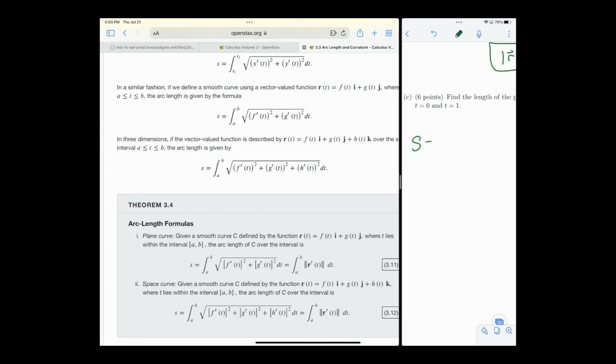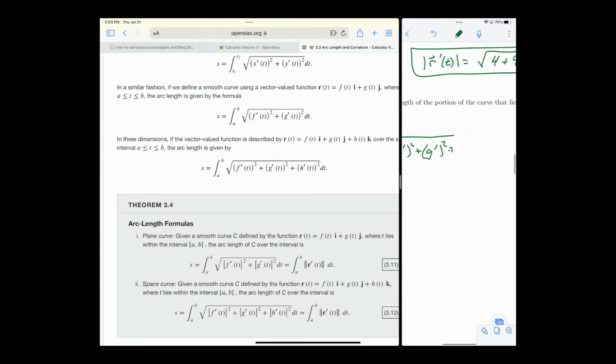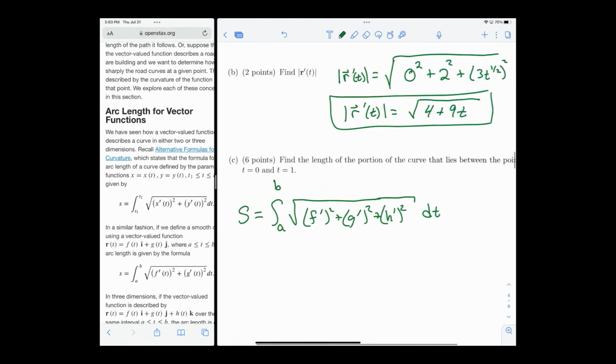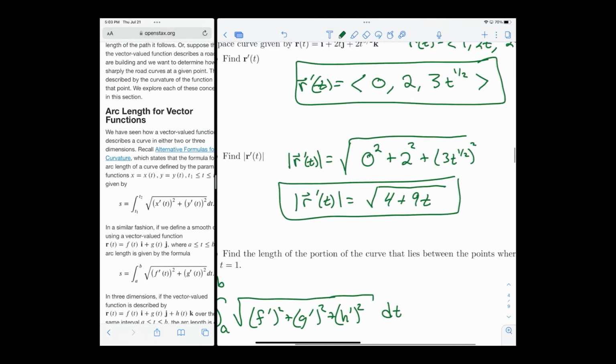arc length S equals integral from a to b of square root f prime squared plus g prime squared plus h prime squared dt. The point is that if you think about that formula that I just wrote there, this is the f prime, g prime, h prime.